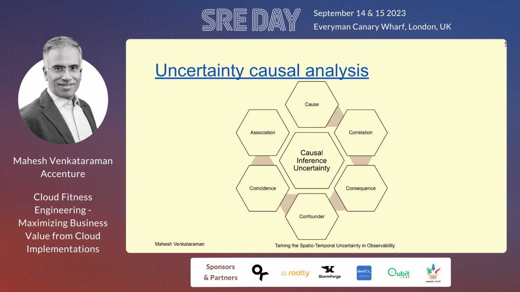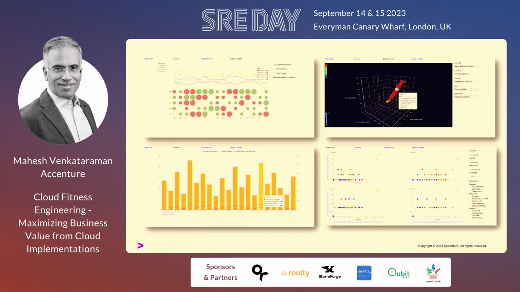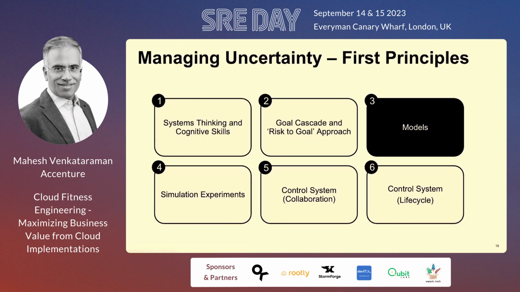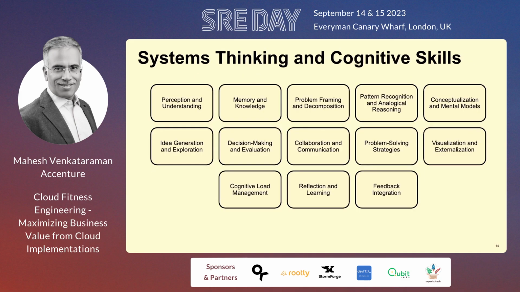I'll recommend a book called The Book of Why by, I forget the name, the author, which indicates how difficult it is to establish a clear causal link in complex systems, because correlation is not causation. And then you could have confounders, you have coincidences. So often in observability, we do have a problem with uncertainty as a major issue.